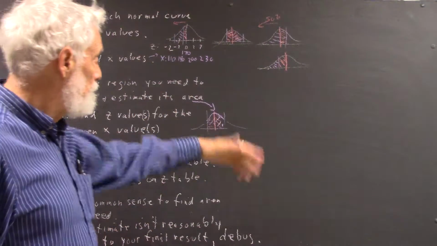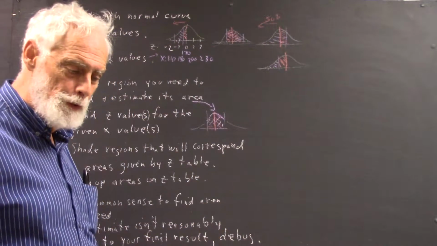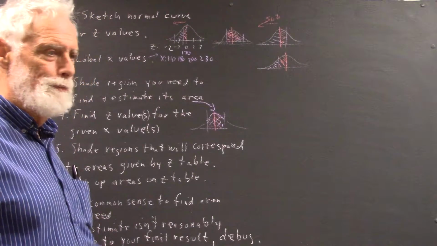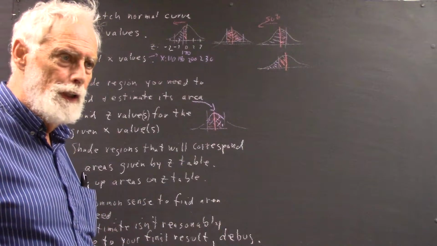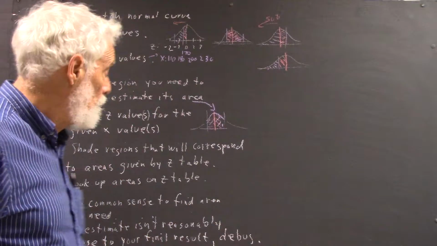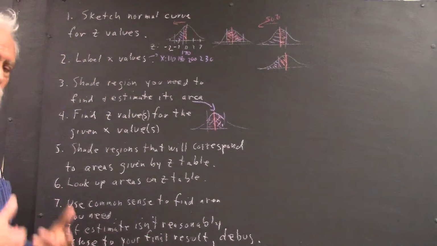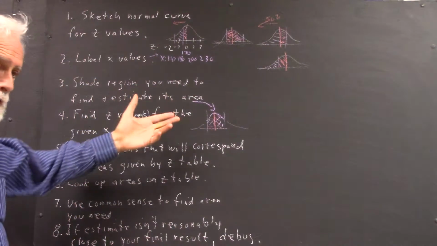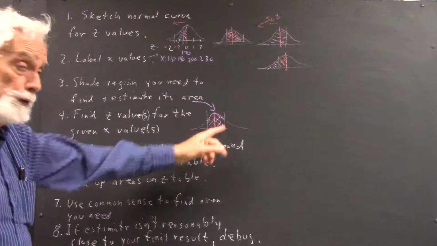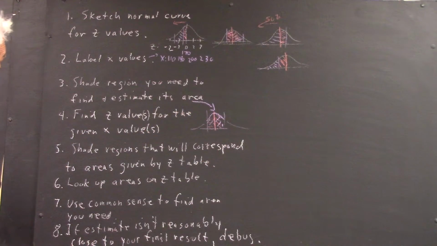If you can see from the z-table that this is at least 50% of the total area, it really looks like it's at least 50%, and you do the wrong thing with your z-values, and you come out with 20%, you know that you need to think a little bit more about either your estimate or how you use your areas that you got from the table.